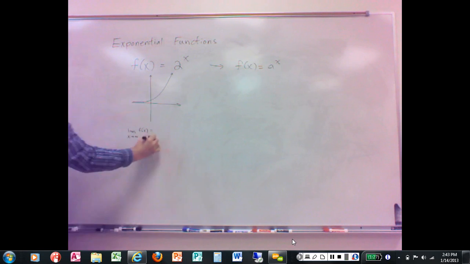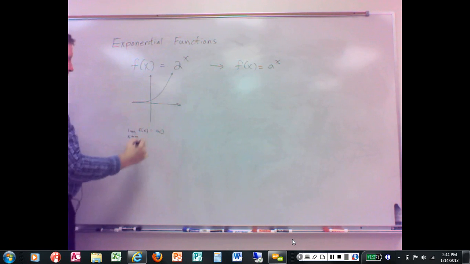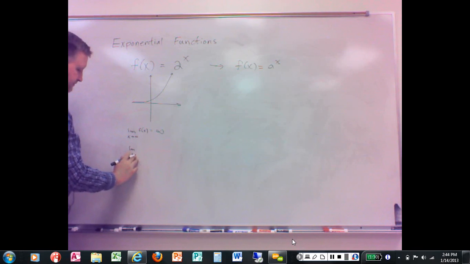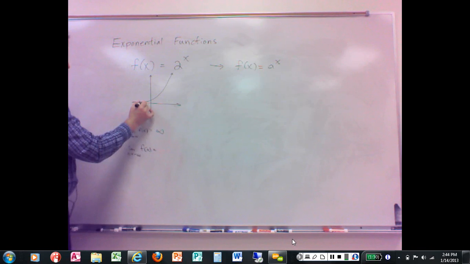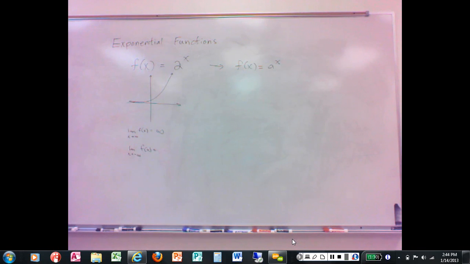As x goes to infinity, so does the function. Now, if you take the limit as x approaches negative infinity, well, that's a little different story because it does level off out here at 0. As you go out to negative infinity, the function values go closer to 0.